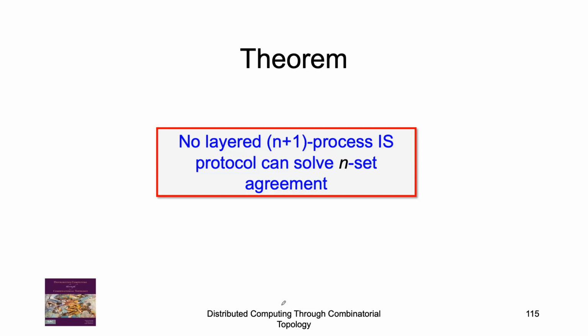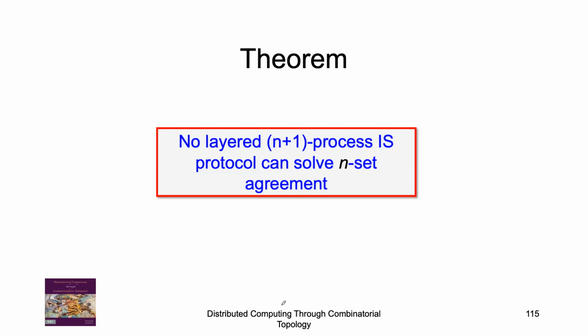What the theorem is saying: no layered immediate snapshot protocol can solve set agreement. Have n+1 processes. They cannot get rid of even a single input in the output of the set agreement task. So you have n+1 inputs. You cannot produce a set of outputs of size n or less in all the executions of the immediate snapshot model.